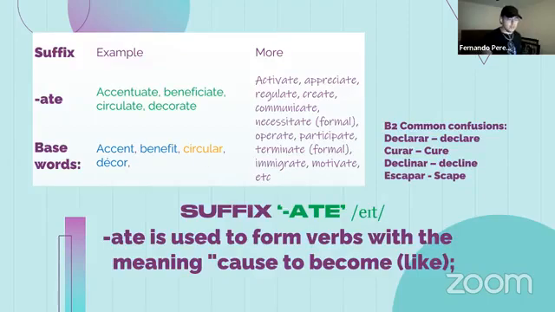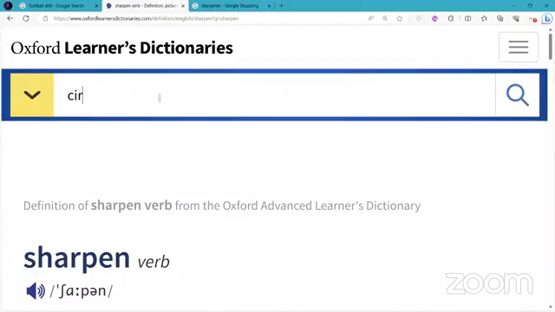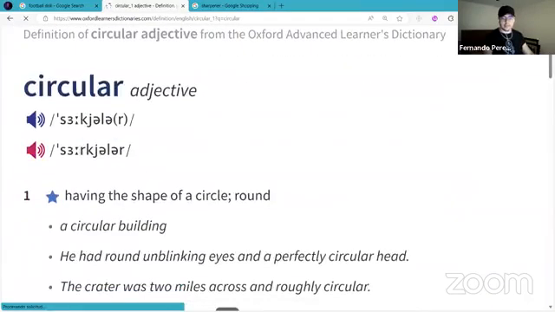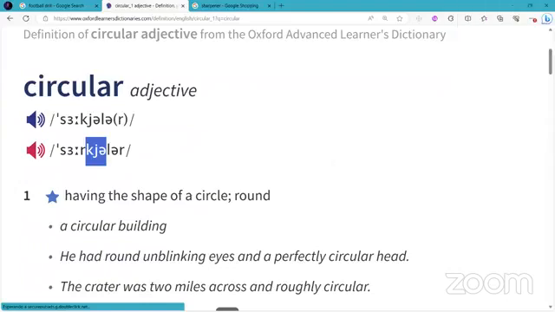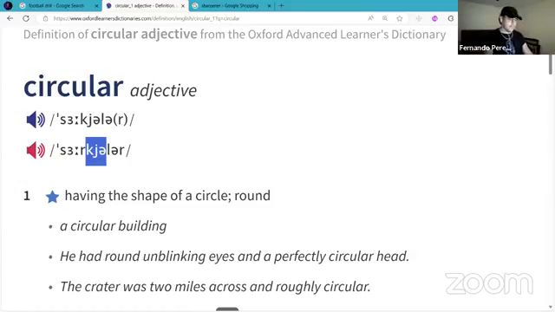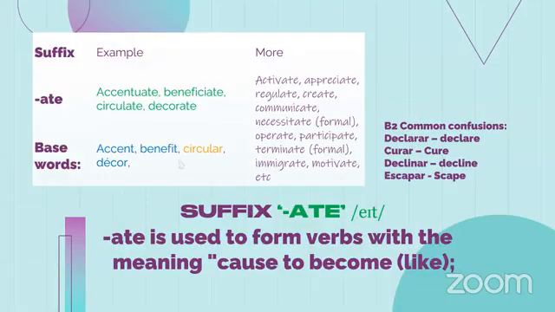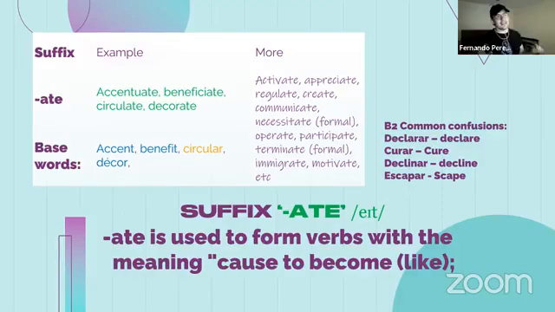Circulate. Perfect. Decorate comes from the word decor, exactly. And decor is kind of a French-English combination that talks about the environment. Decor is similar to environment.